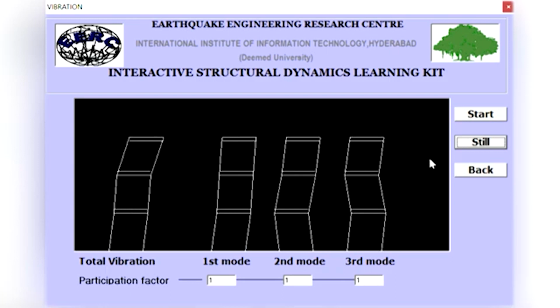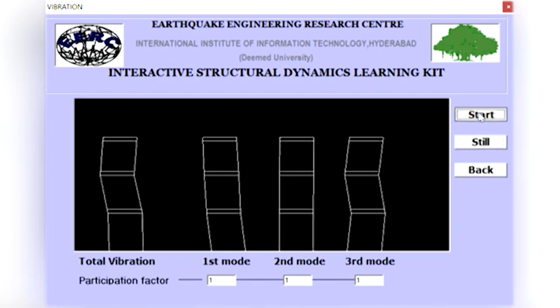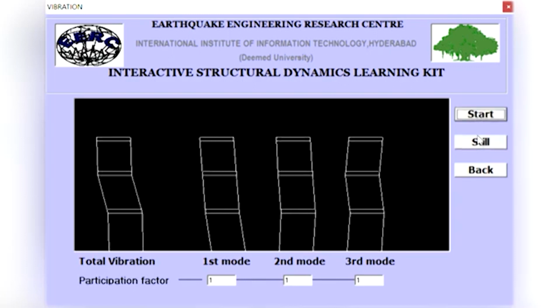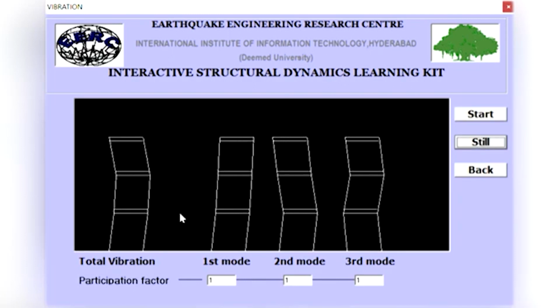Here we need to understand one more important thing. If I stop it, this is the first mode, this is the second mode, this is the third mode. I have given equal weightages, 1, 1, 1, but this usually will not be there in real structures.